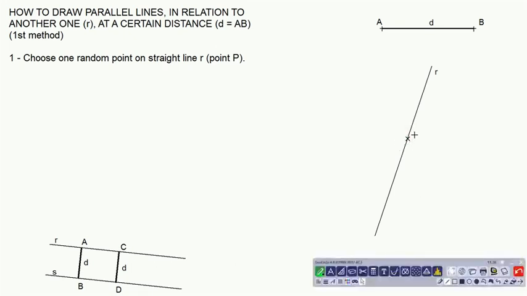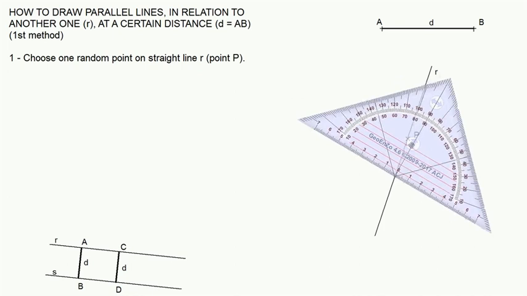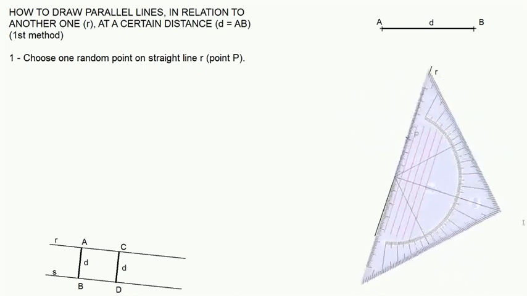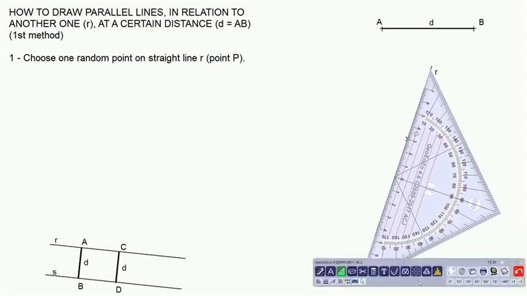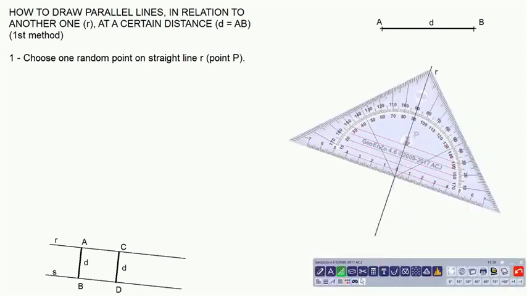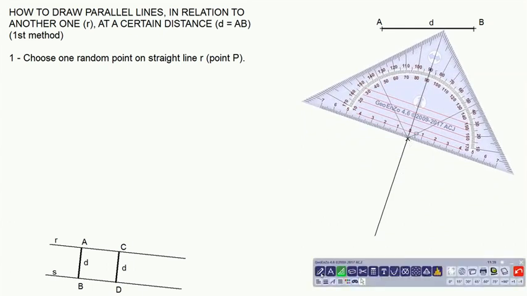Okay, this one, we set a name on it, point P, and from this point we're going to draw a perpendicular line in relation to line R. Remember that perpendicular lines must always be drawn using a set square.